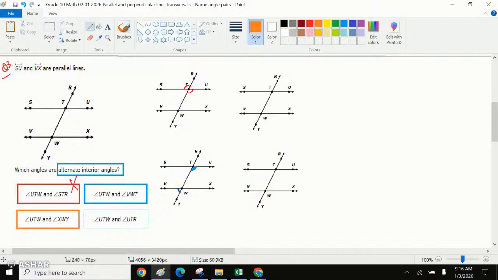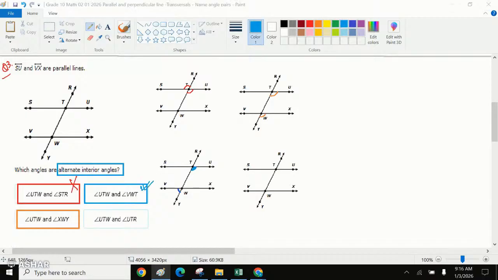The next one we have is UTW. This was this angle, and XWY. No, they are not alternate interior angles, right? They would not be. Moving on further, we already found one option, that was the second option.